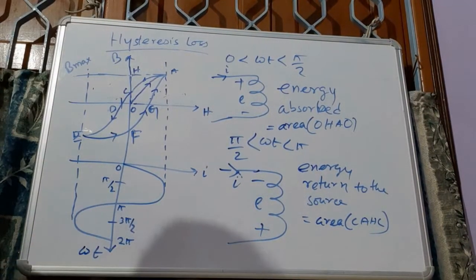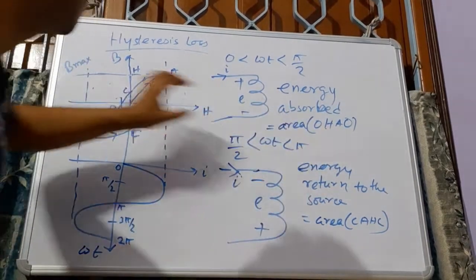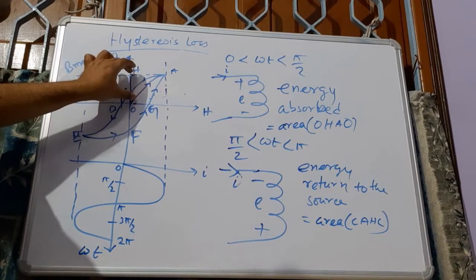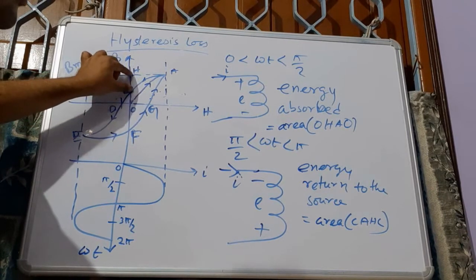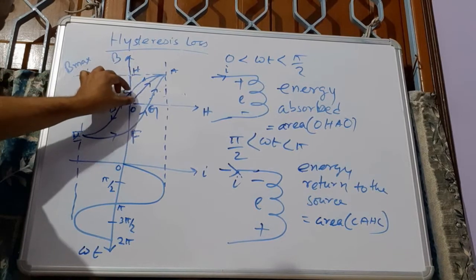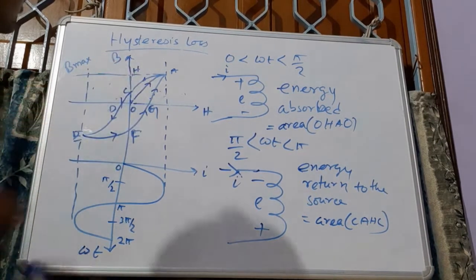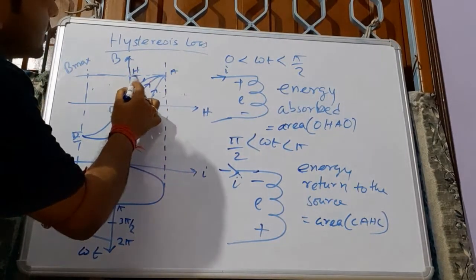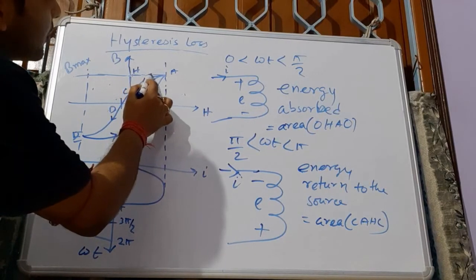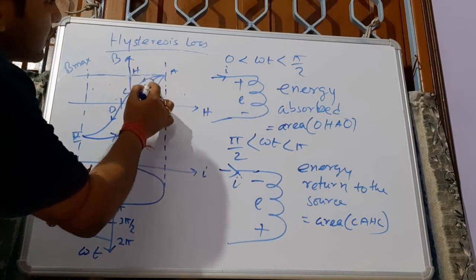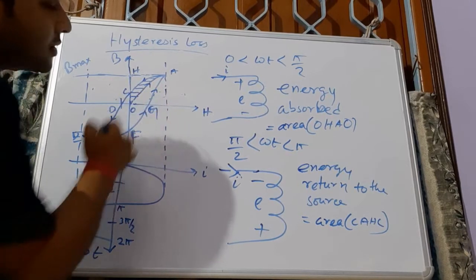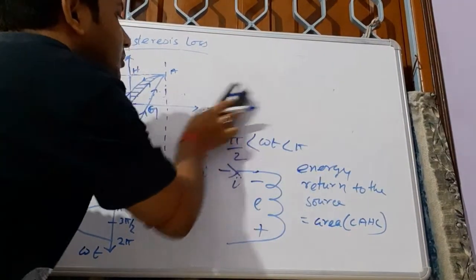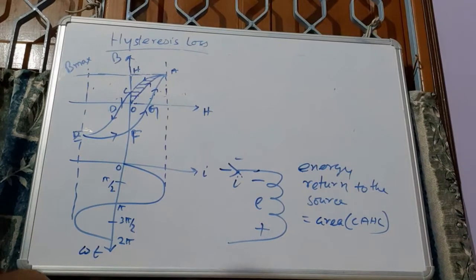Okay. So this is the whole area, this is the area where energy is absorbed, and this is the area where energy is returned to the source. So ultimately the energy loss will be this area.